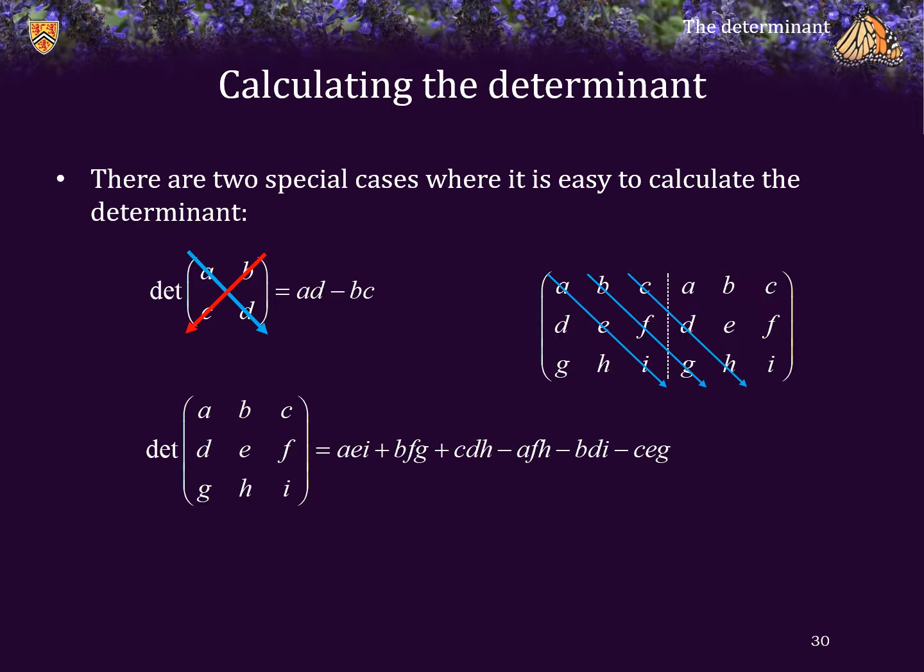So A times E times I plus B times F times G plus C times D times H. From this, subtract off the product of these three diagonals: A times F times H minus B times D times I minus C times E times G.